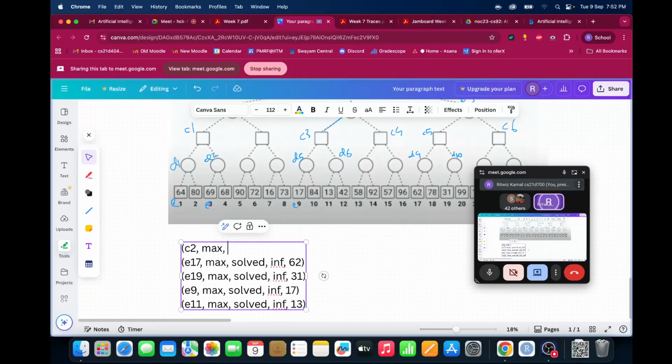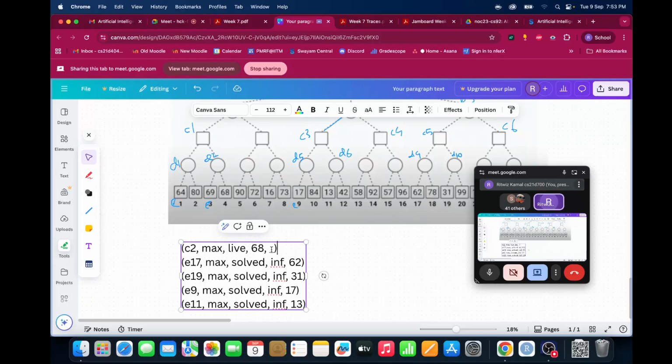It is currently live, bound will again be 68. Current value, let's leave unsolved at the moment. The 68 value is carried from C1 to C2. Yes, exactly.